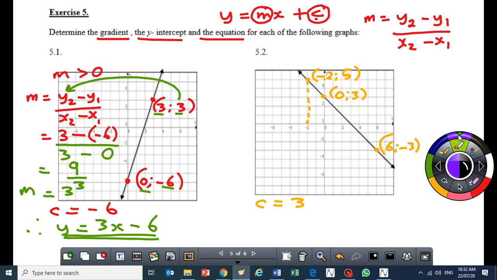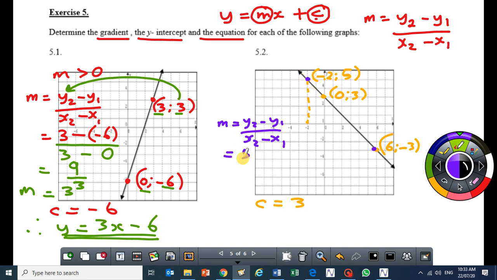Let me use that. So I'll say my m is equal to y2 minus y1 over x2 minus x1. So I'm going to use this point and that point. My y2 I'll choose as this point, y2 and x2.